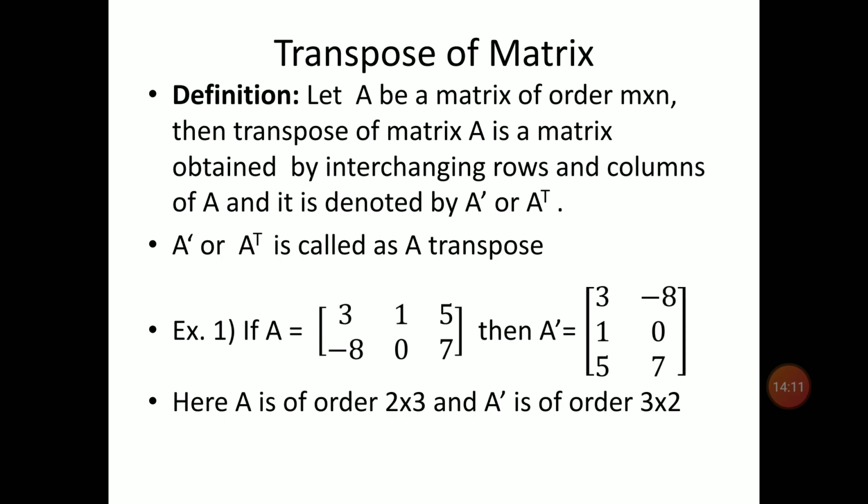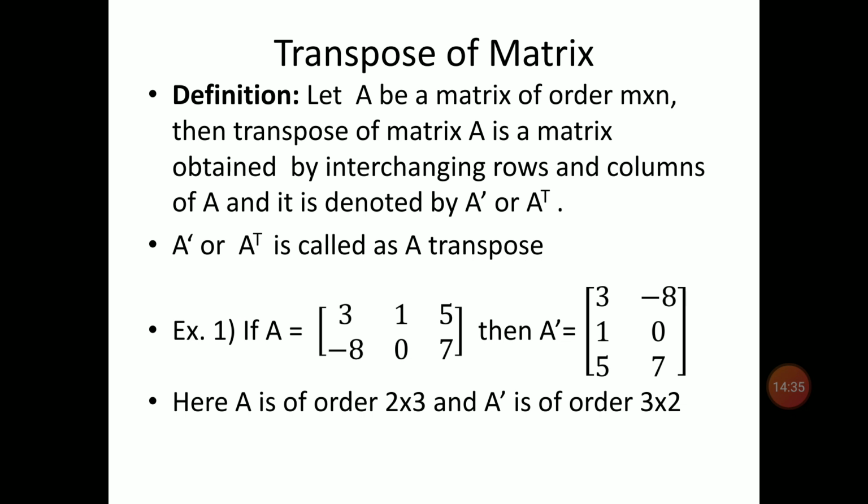Now we are going to study one particular type of matrix which is called the transpose of a matrix. The transpose of a matrix is obtained from a matrix A. So let us first see the meaning of the transpose of a given matrix.